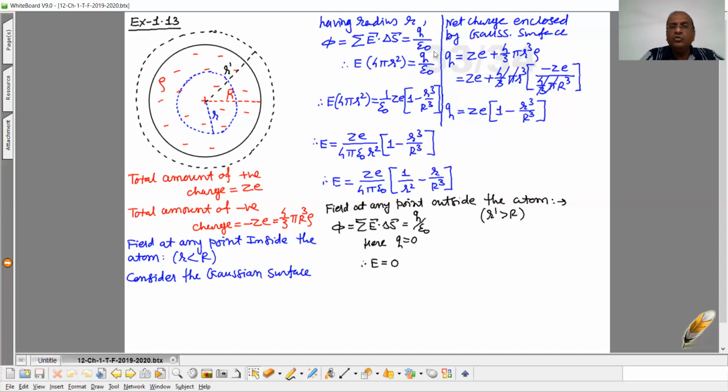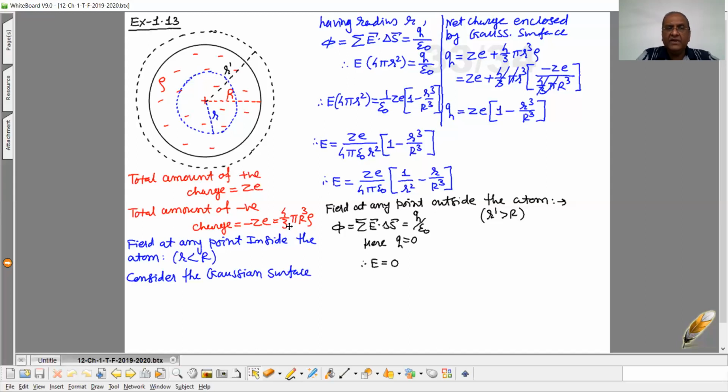So E into sigma delta S, that is 4 pi r square, equals Q upon epsilon 0. But Q, the charge enclosed by this Gaussian surface, we have to calculate first separately. The entire positive charge is inside the surface, but of the negative charge only that which is inside this surface we have to consider. So Q equals positive charge Ze plus negative charge 4 by 3 pi r cube rho.